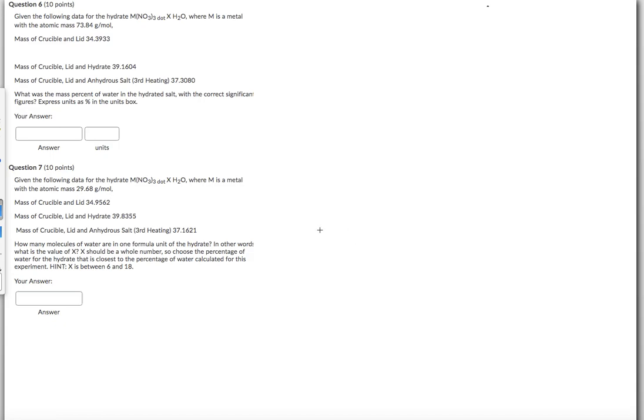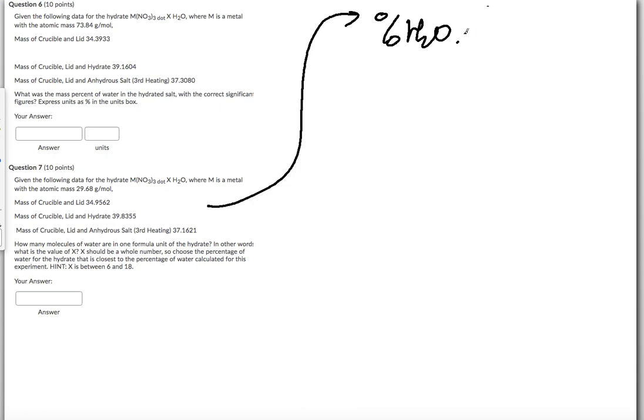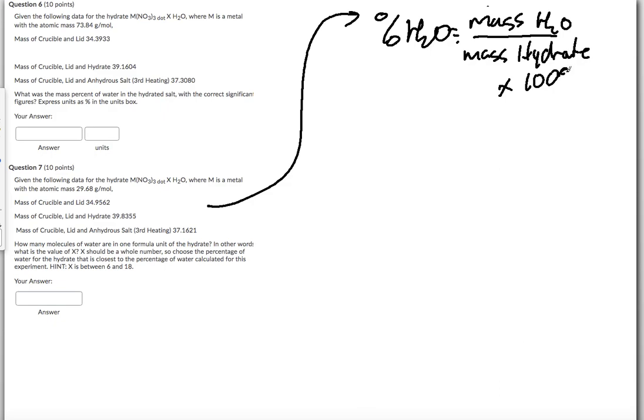So what I would do for number 7 is I would first of all find from this data the percentage of water, and again we do the same thing. We want to find the mass of water divided by the mass of the hydrate, and all of that's going to be multiplied by 100%.